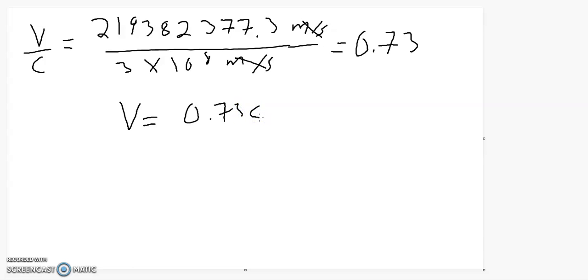But really, all we want to write in Blackboard is 0.73. That would be the correct answer to put in Blackboard, because they want to know what it is in terms of the speed of light. So really putting 0.73 would be the correct answer. All right, let's move on to the next problem here.